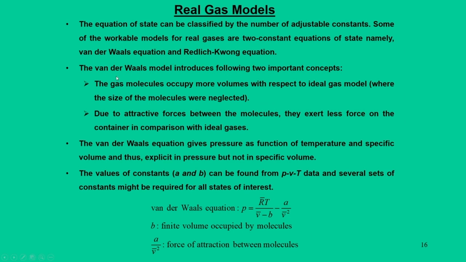Now the first one is the Van der Waals gas model. When this model was introduced, the justification was that gas molecules occupy volume, whereas in the ideal gas model the size of the molecules is neglected. In the Van der Waals model the size of the molecules is taken into account, so the effective volume is reduced.